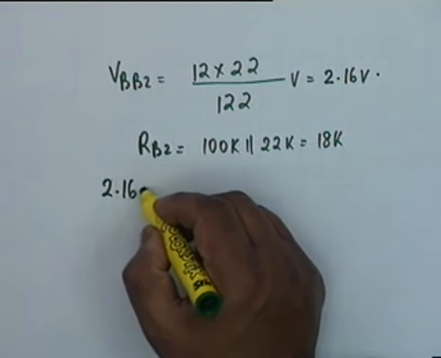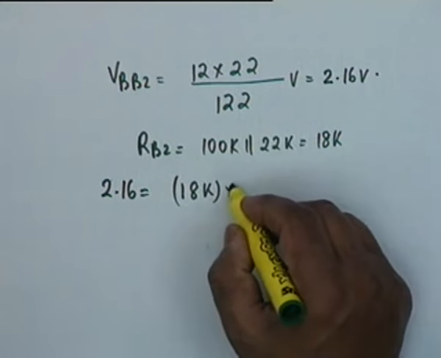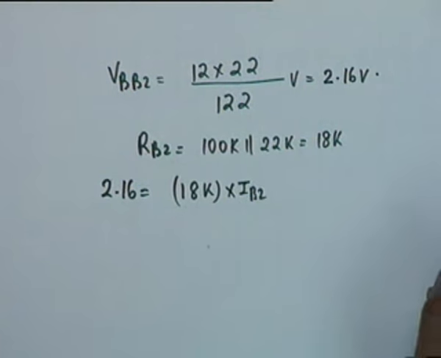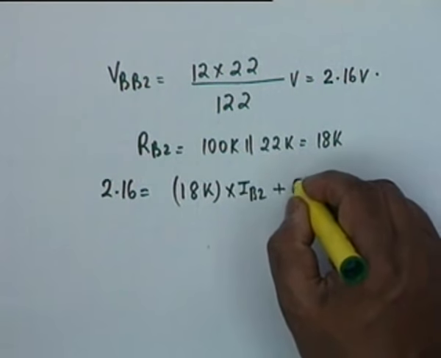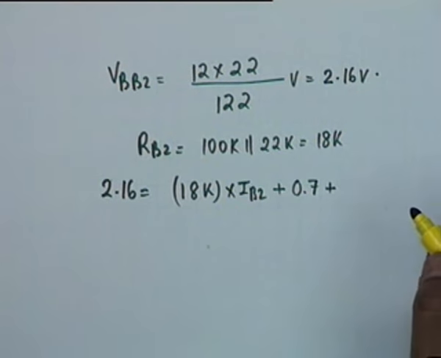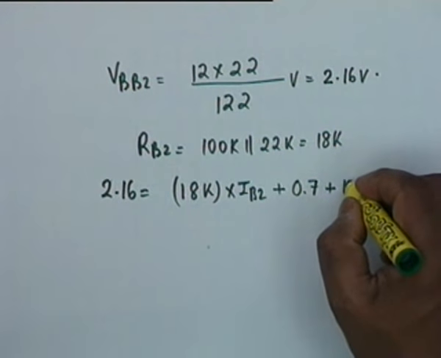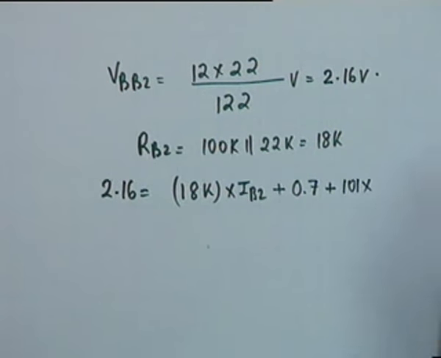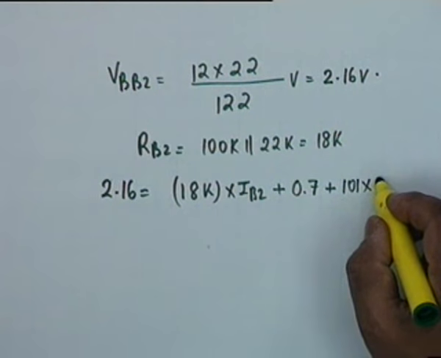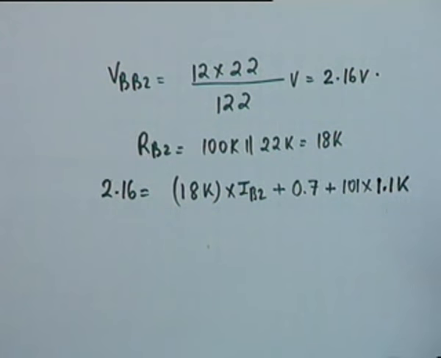So 2.16 is equal to 18K multiplied by IB2 plus 0.7 plus, yes, now 101 multiplied by, can you say 1.1K? Right? 1.1K, 1K and 100 ohms. 100 ohms is 0.1K, I hope.